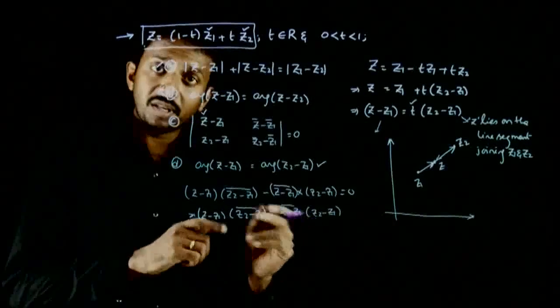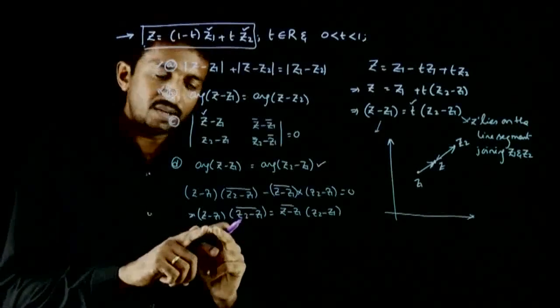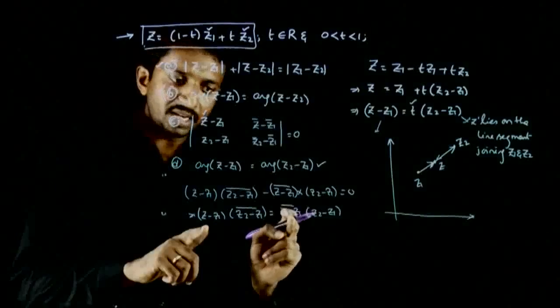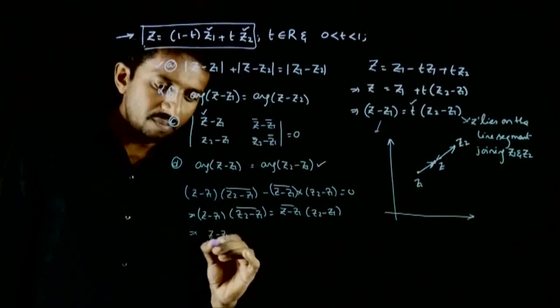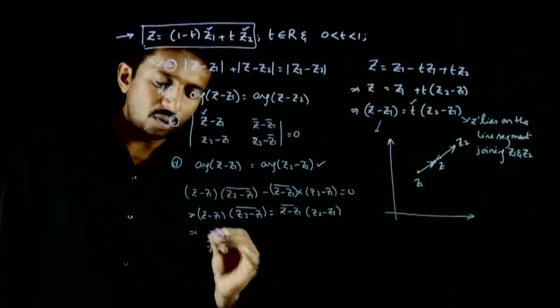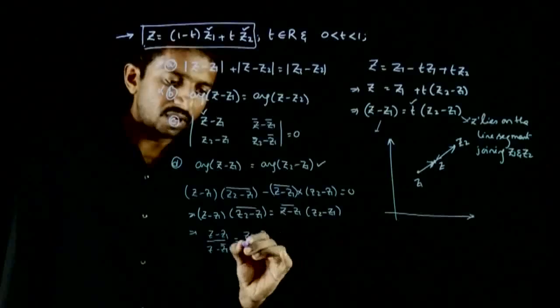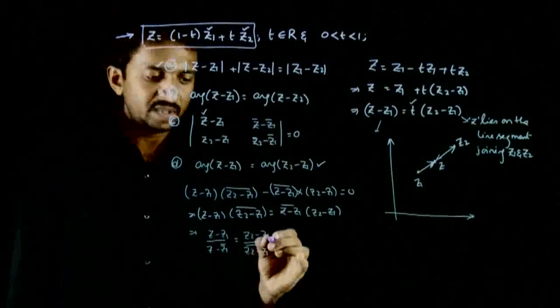So I take this to the other side: (z minus z1) by the bar of (z minus z1) is equal to (z2 minus z1) by the bar of (z2 minus z1).